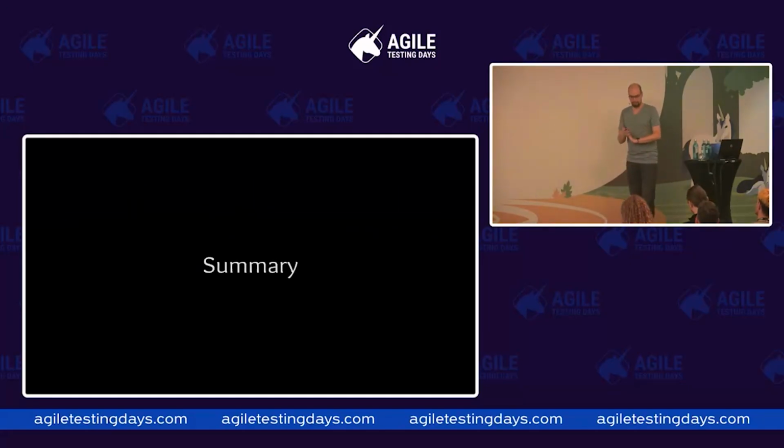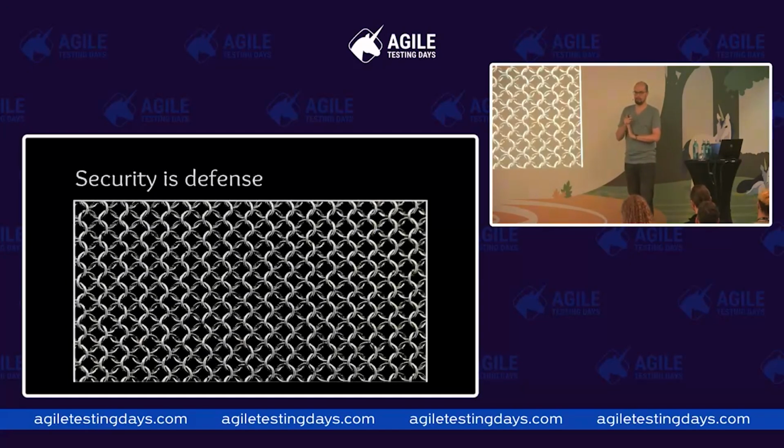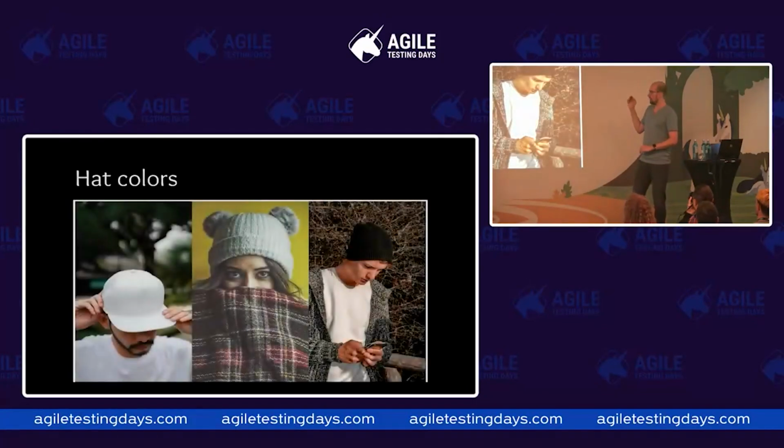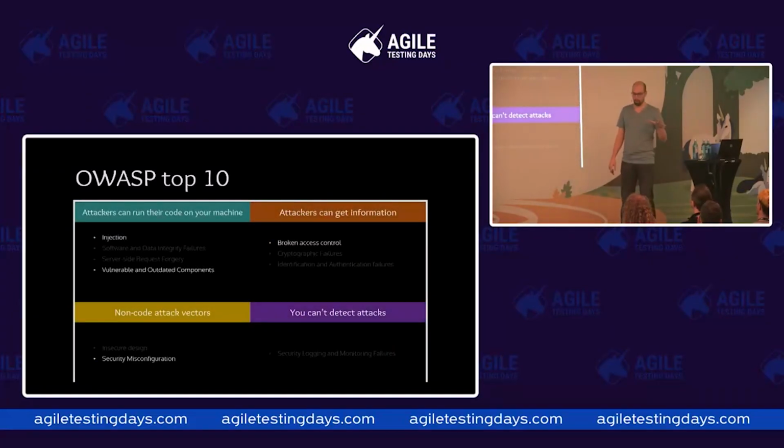In summary, security is an act of defense. The attackers will attack your weakest spot, always. One slip up and you're done. There are 3 types of hackers: the white hats, the gray hats, the black hats. We talked about part of the OWASP top 10, specifically these parts.